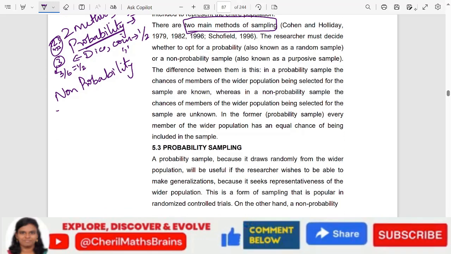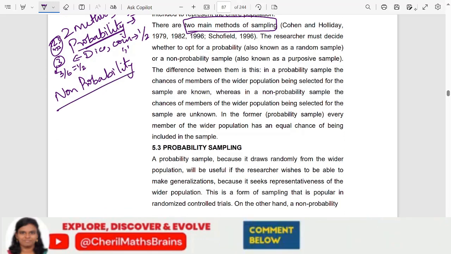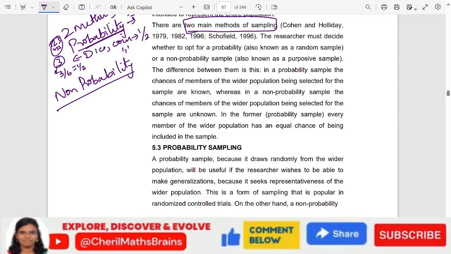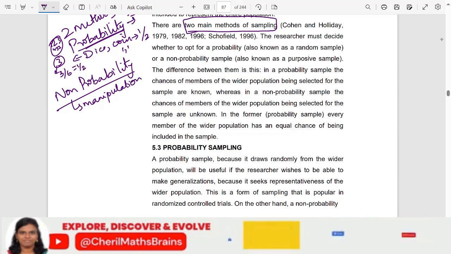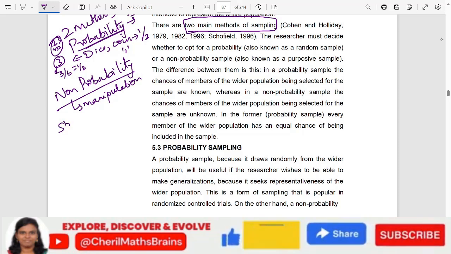Non-probability is when you are doing some manipulation. You are going to take up some strategy to get a purpose, to get into purposive sampling.